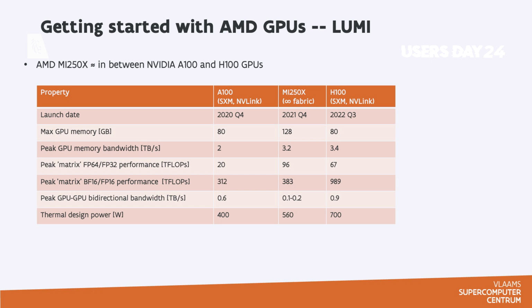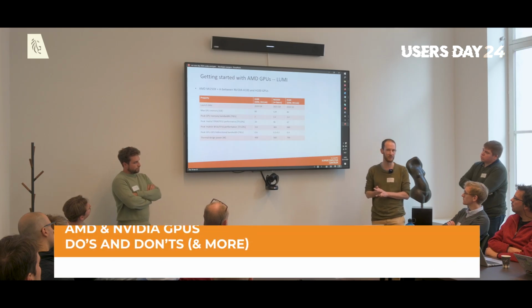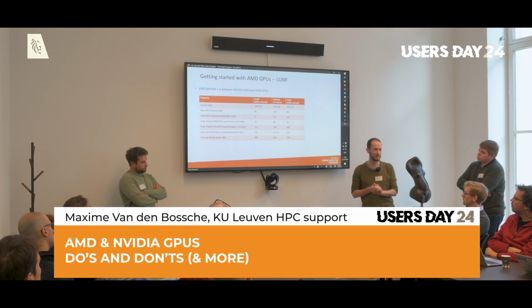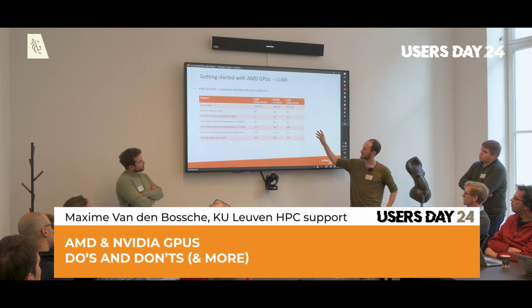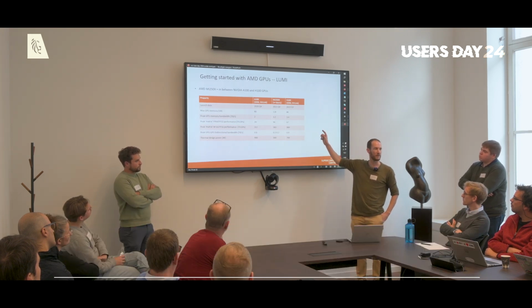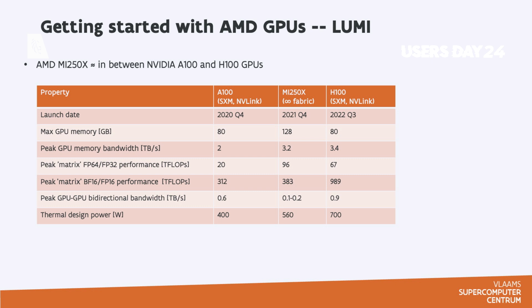So if you look at the specs, I would say very, very roughly, you could say the MI250X sits in between the A100 and H100, but it kind of depends on what you're looking at. You can get a bit more GPU memory per device in the AMD case, which is nice.